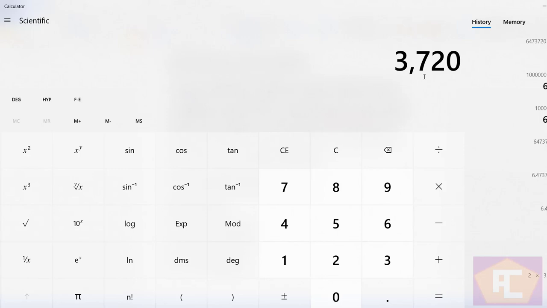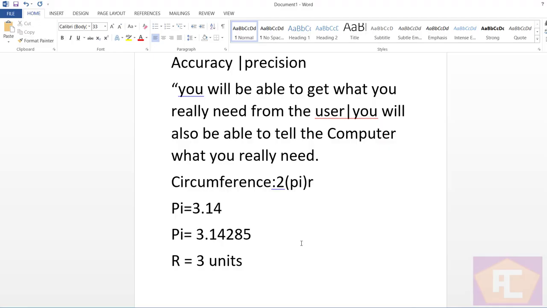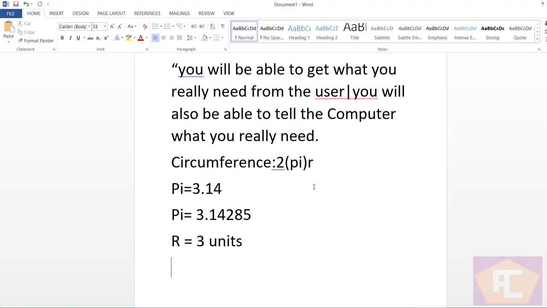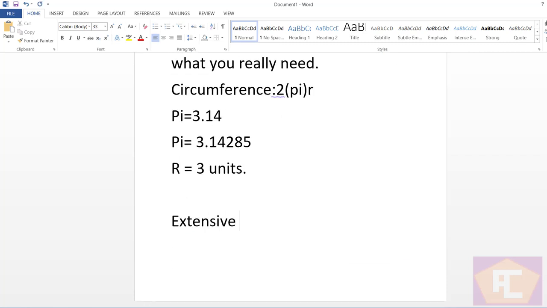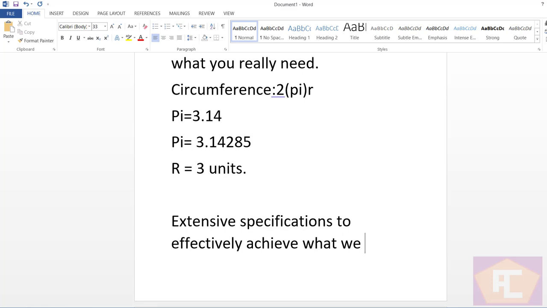That's big money. Are you able to understand what I'm trying to show you here? That is, specification matters a lot. So format specifiers provide us with extensive specifications to effectively achieve what we need.